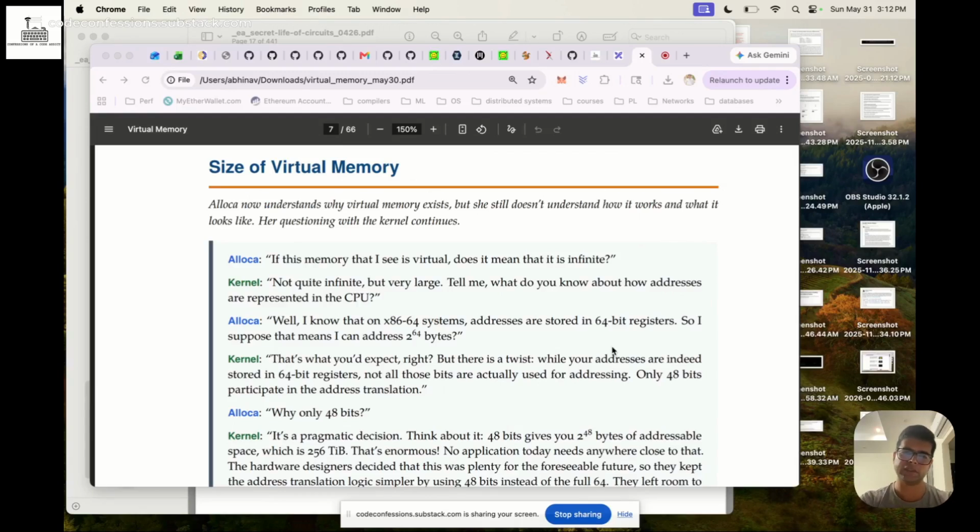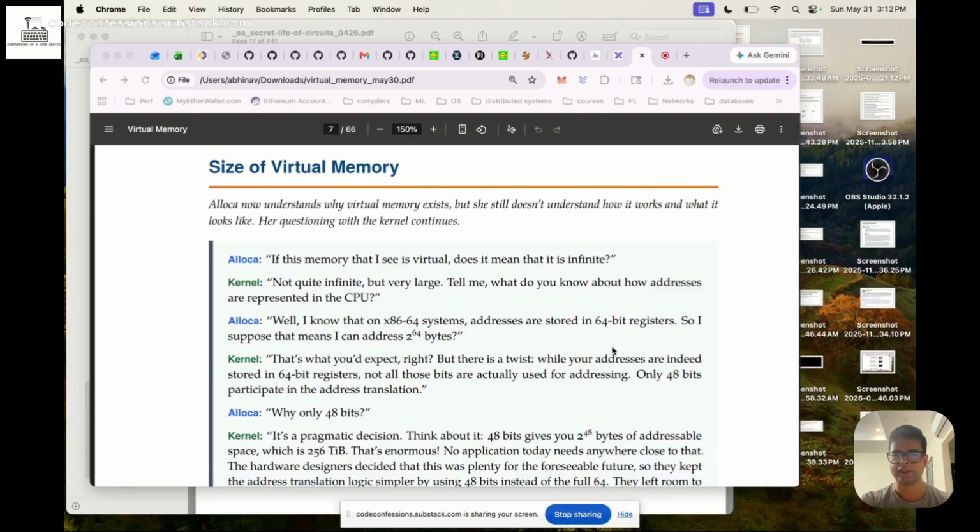So the operating system gives every process its own virtual memory, its own private address space, and that is a virtual address space, so it's not really real, and the process will treat it as real memory. It will read virtual addresses, write virtual addresses, and those reads and writes are handled by the hardware. The hardware has a memory management unit which translates those virtual addresses into physical addresses and then does the actual memory access.